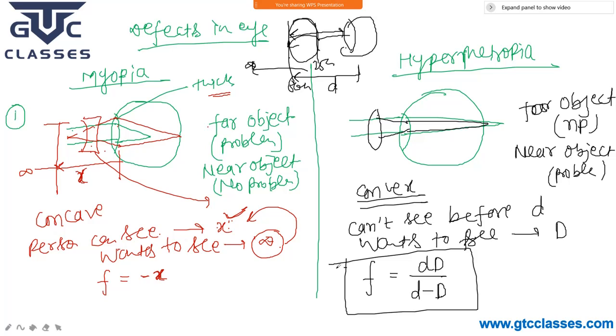Clear? Getting? These are the two defects that we discussed. Now the next thing is another thing we call presbyopia. Any thought what is this? I am asking. It's a case involving both.